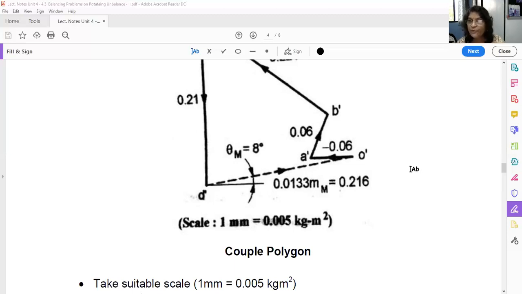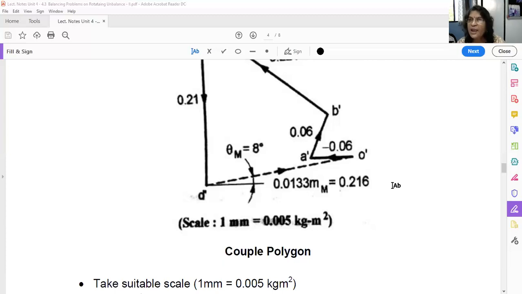If it would have been a positive couple, I would have drawn towards the right, because the angle is 0 degree. But as it is a negative couple, it has to be drawn in the opposite direction, that means towards left. So O dash to A dash, magnitude is 0.06 kg meter square, and direction is 0 degree but negative, that means towards left. Now you are here at A dash.